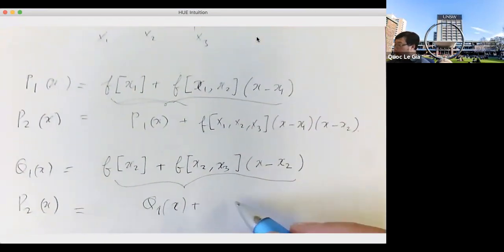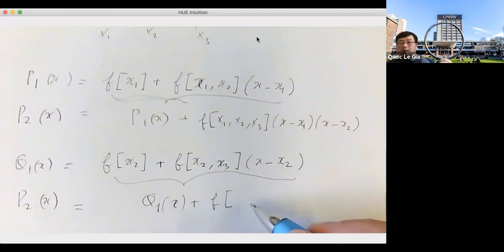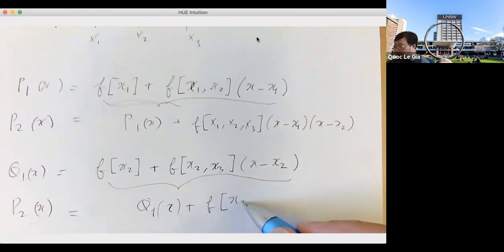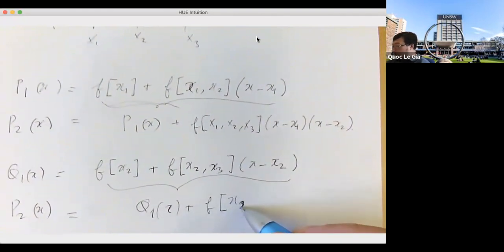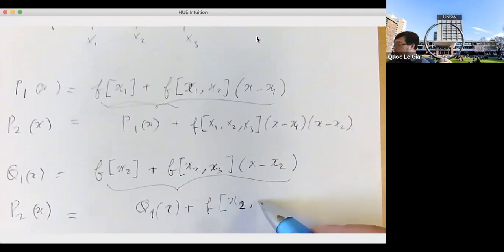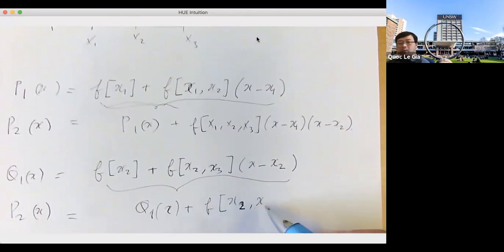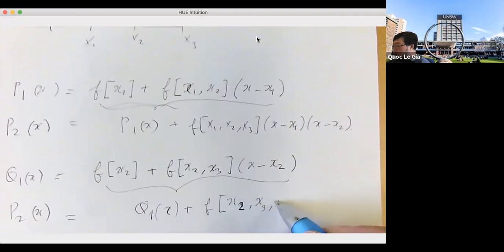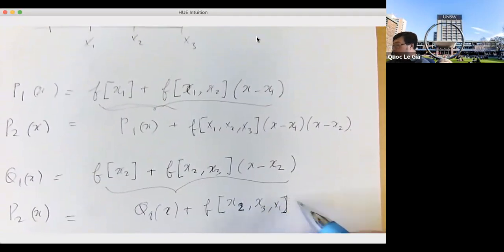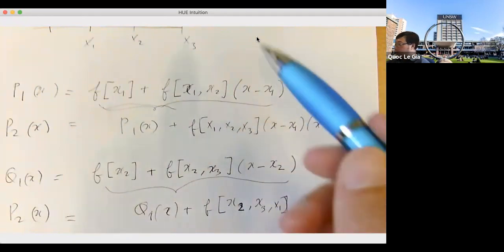Then I add the divided difference, because I build up with x2, x3 and x1, so x1 becomes the last point.